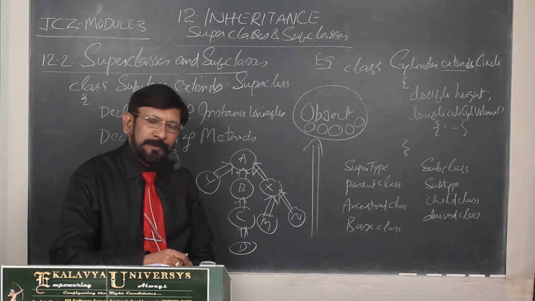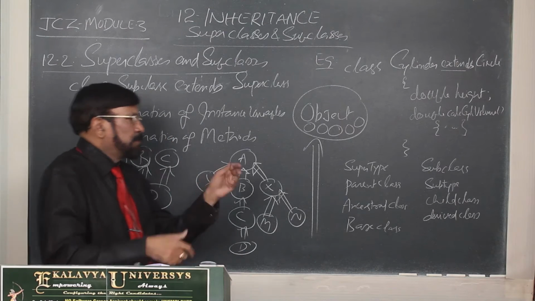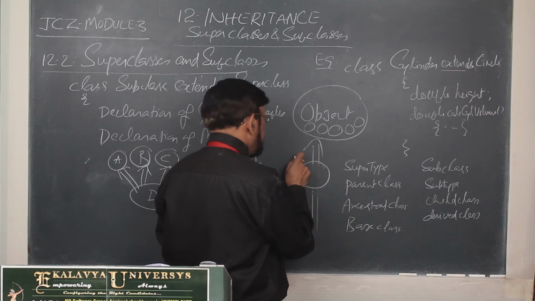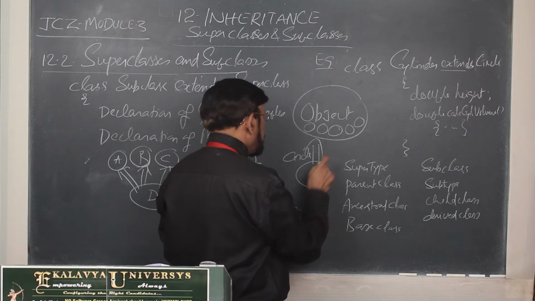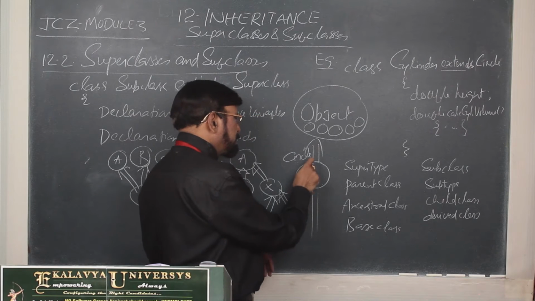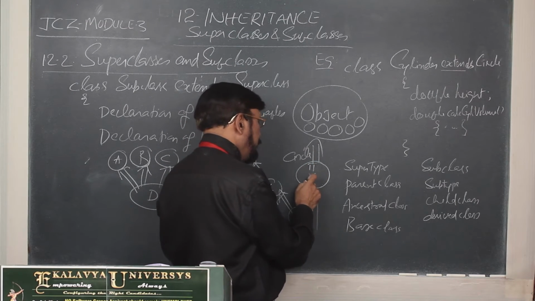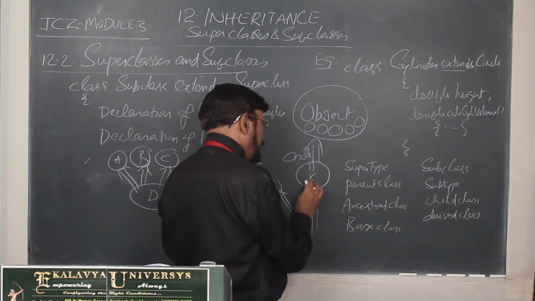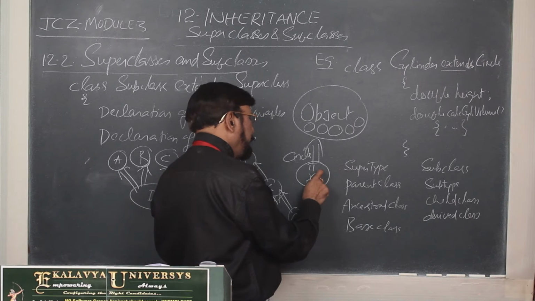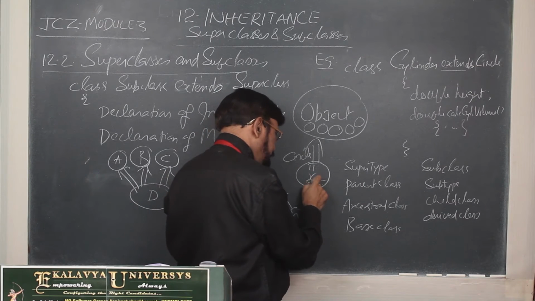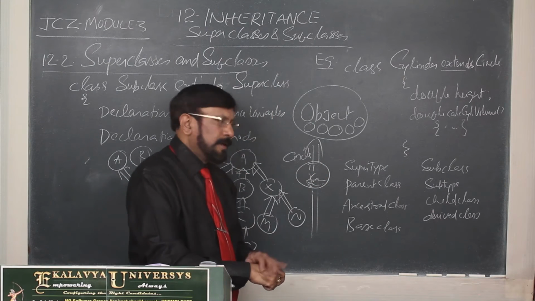Suppose in this example, this is a Circle class. In the Circle class, Pi is there, r is there, calculate volume, calculate area, and calculate surface area, etc. are there.